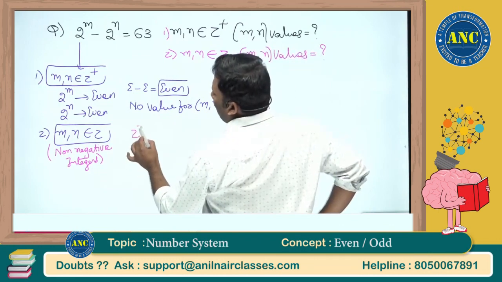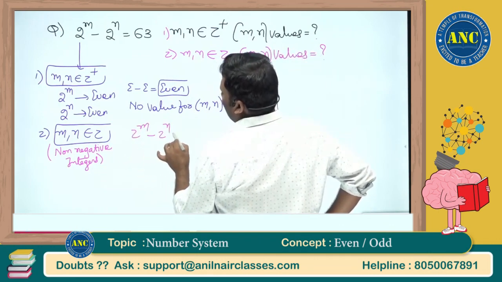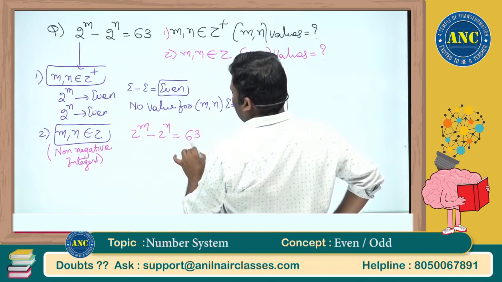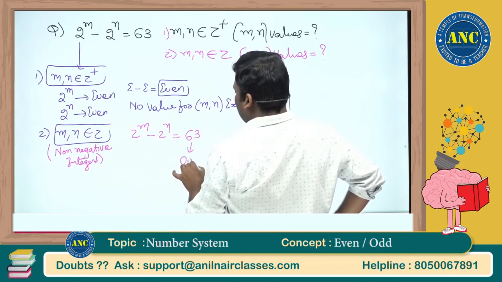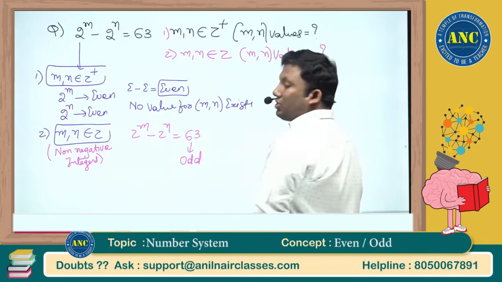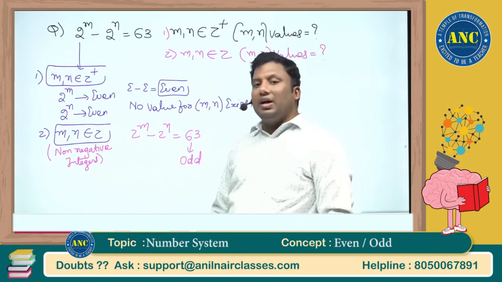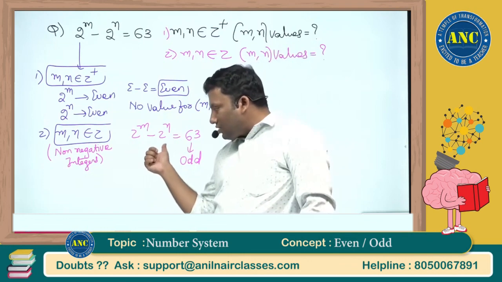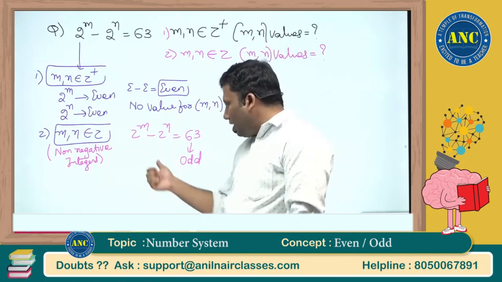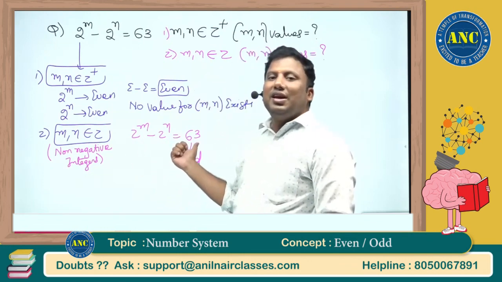2 power m minus 2 power n is equivalent to 63. 63 is an odd number. When I get an odd number, is it odd minus odd? No. Even minus even?